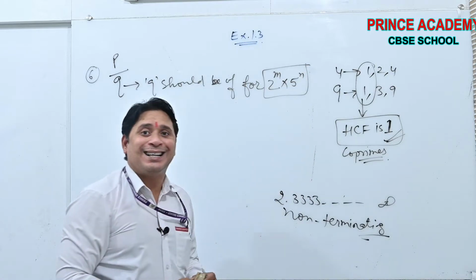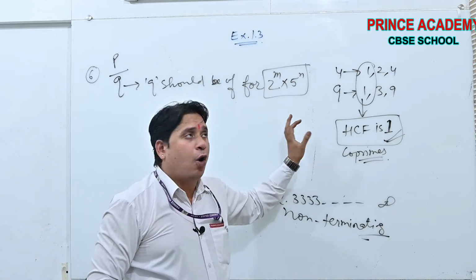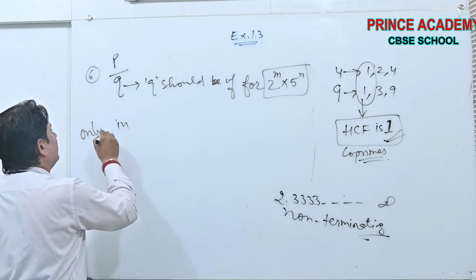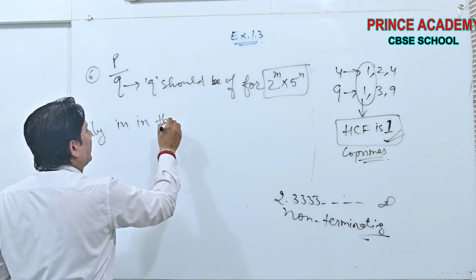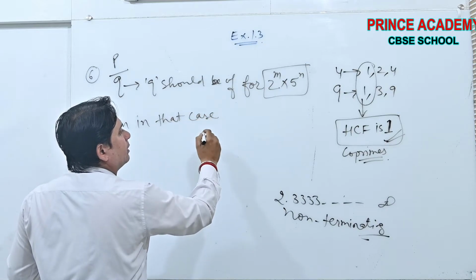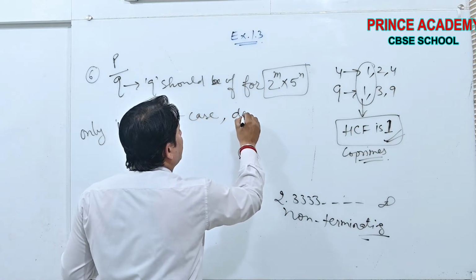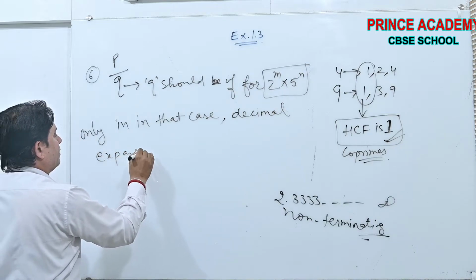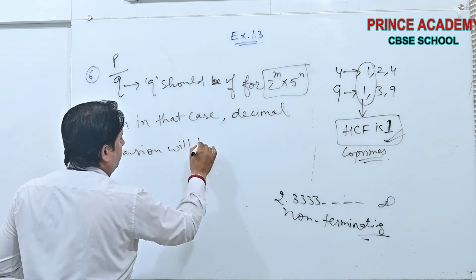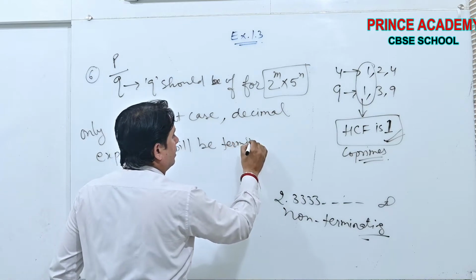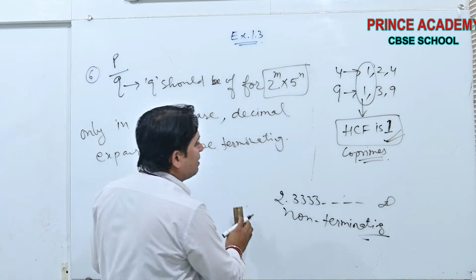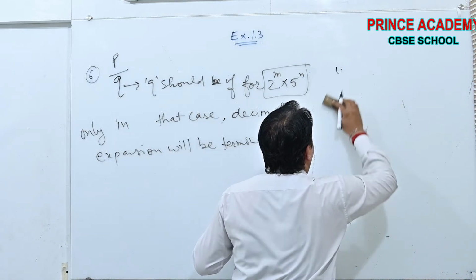Only in the terms of 2 and 5, only in that case decimal expansion will be terminating. Yes or no?